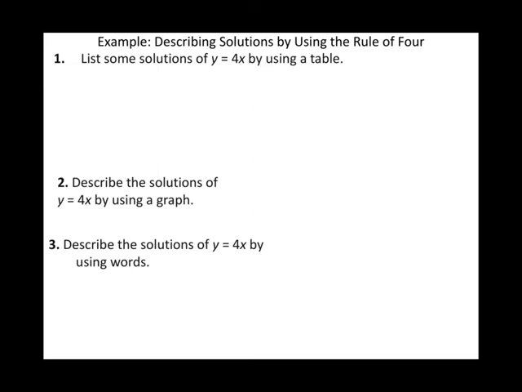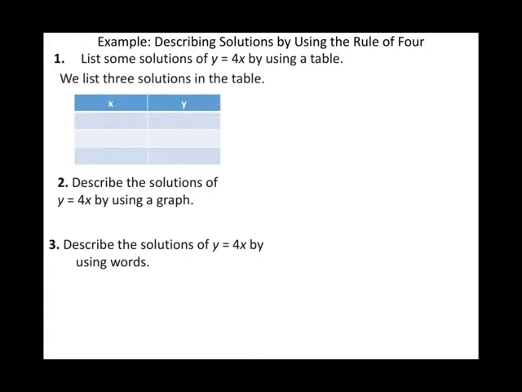Okay, example. Describe the solution by using the rule of 4. Number 1, list some solutions of y equal to 4x by using a table. So here, I want you guys to get a table and then just make up the value of x, and then figure out what is my y. In this one, I'm gonna make an easy number. I will do -1, 0, and 1. Plug it into the equation.